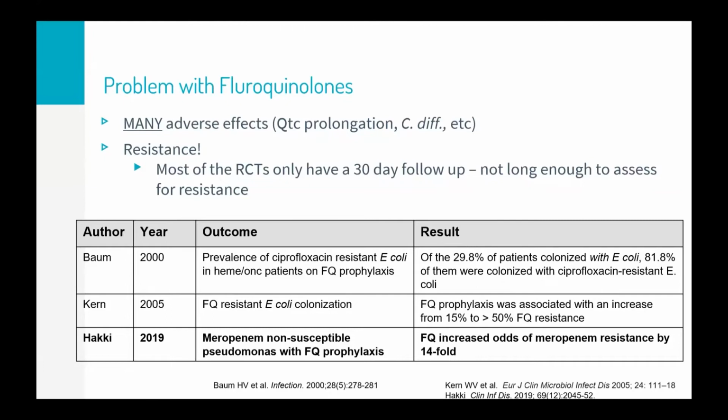The second study by Kern in 2005 also looked at E. coli, and after patients were started on fluoroquinolone prophylaxis, their resistance increased from 15% to over 50%. And the last one by Hockey in 2019 shows how fluoroquinolone prophylaxis can drive meropenem resistance. In this study specifically, fluoroquinolone prophylaxis increased the odds of meropenem resistance by 14-fold. And I'll go into the reasoning behind that a little bit more.